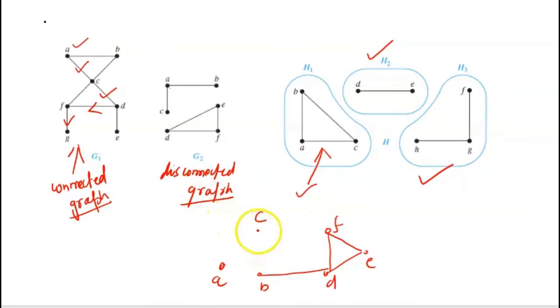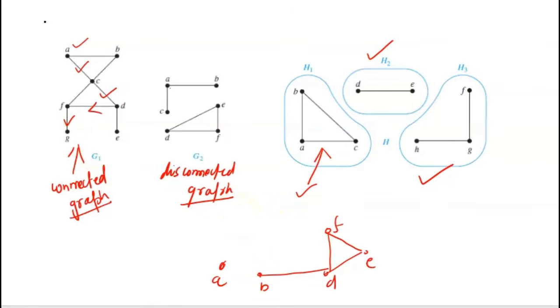This was our graph originally, and someone says to delete the vertex C. It means I don't only have to delete the vertex C, I also have to delete all the edges incident on C, right? So by removing either an edge or a vertex, the graph can be made disconnected.